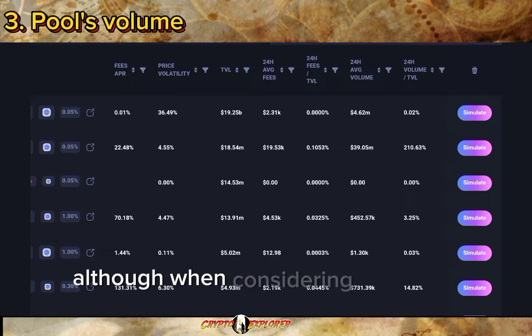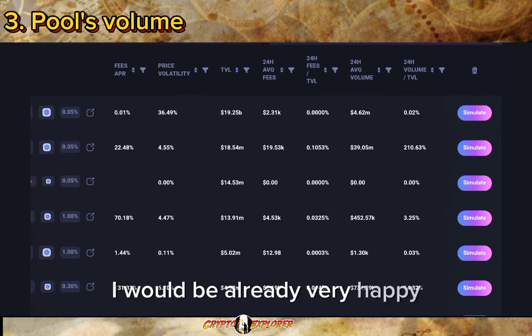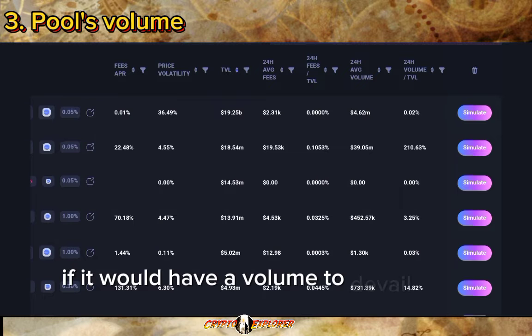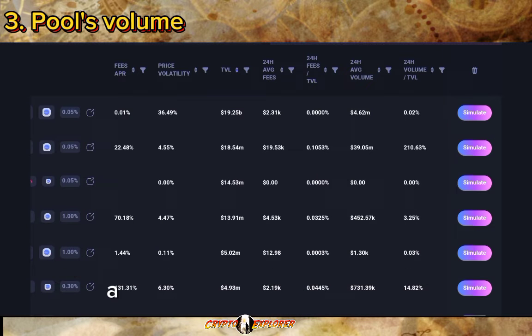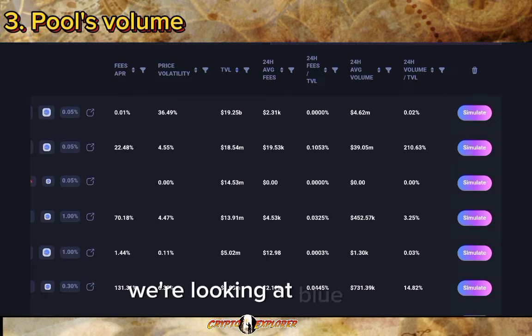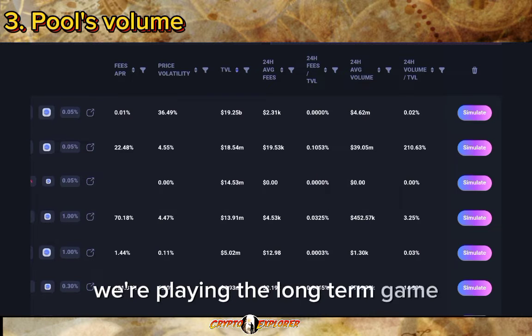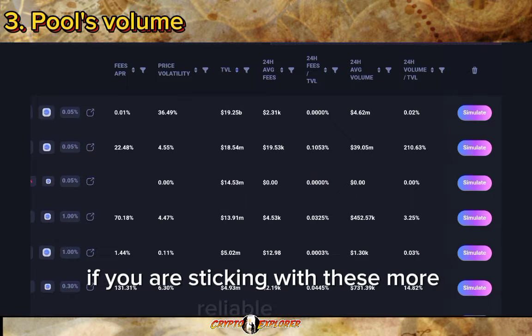Although when considering blue chip asset pools, for example, Bitcoin paired with Ethereum, I would already be very happy if it had a volume to TVL ratio of 100%, a 1-to-1 ratio, or even below that. Sometimes it can be very profitable because after all, we're looking at blue chips, and when providing liquidity, I always like to remind you, we're playing the long-term game if you are sticking with these more reliable pools.